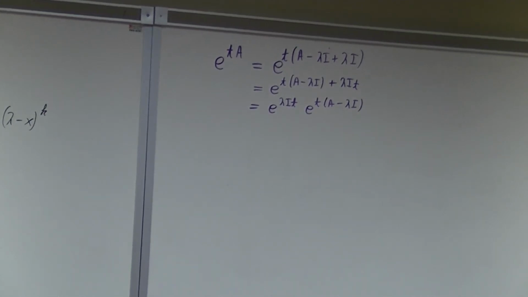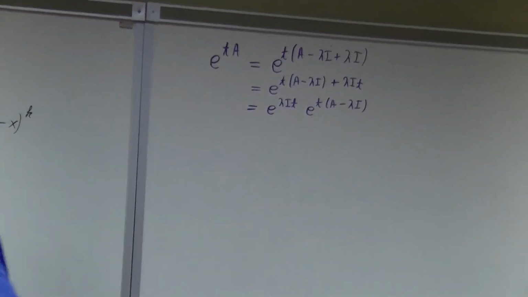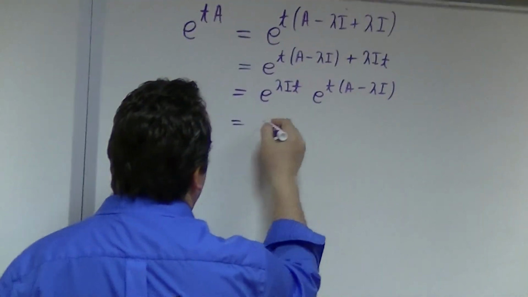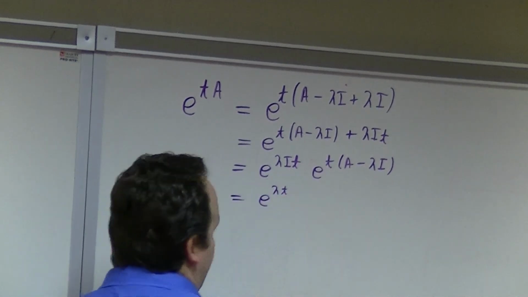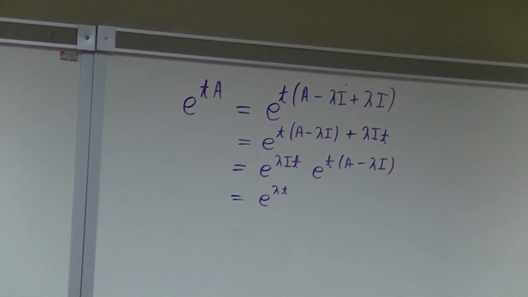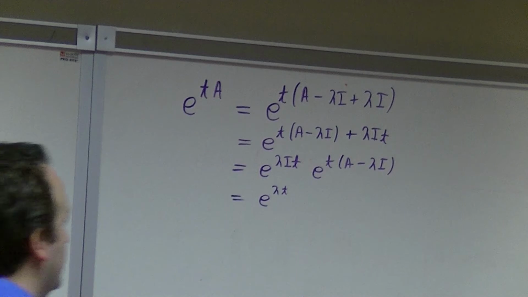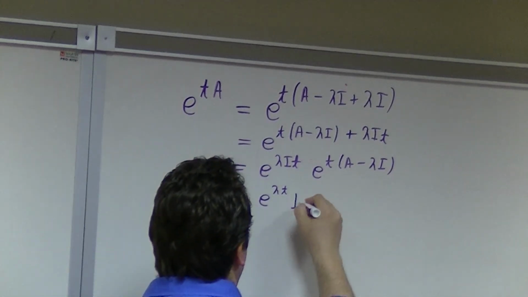In simpler terms, this just converts to the ordinary exponential, times I. That's an identity which is known.